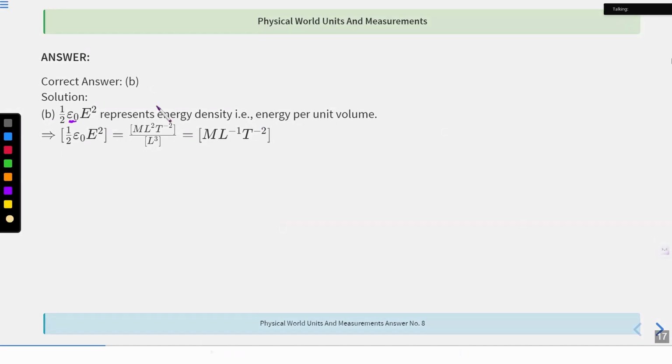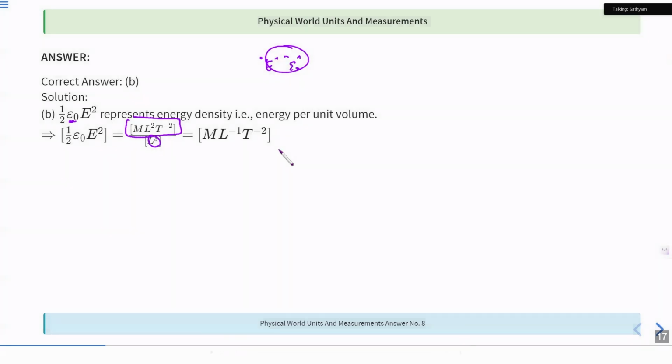So L cube is down and this is up. You have to derive electric field and epsilon naught individually. These both are the quantities which you have to derive. It represents energy density, that is energy per unit volume. We are cool. Let's go to the next question.